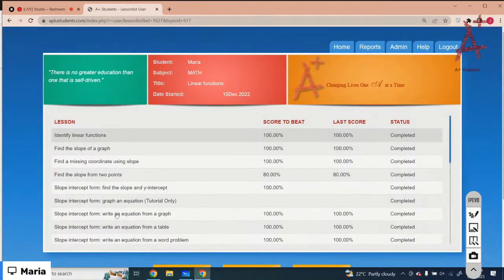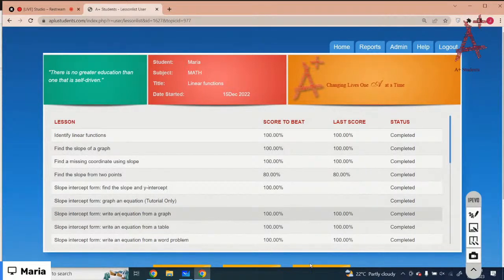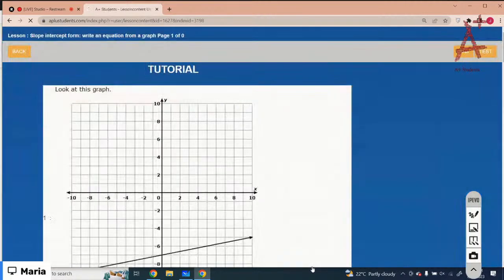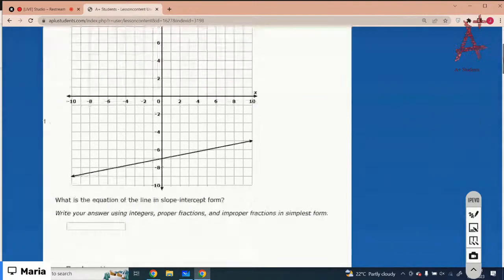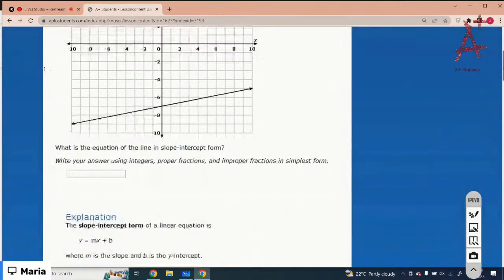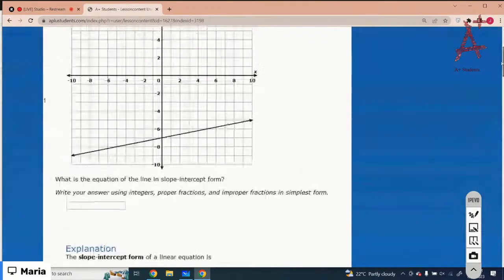So we have to write an equation from a graph. Okay, just look at the graph. Here is the graph. You have to write the equation of the graph. Got it?